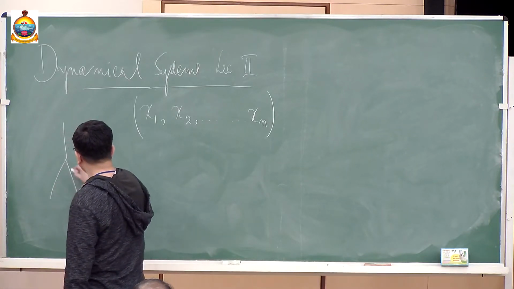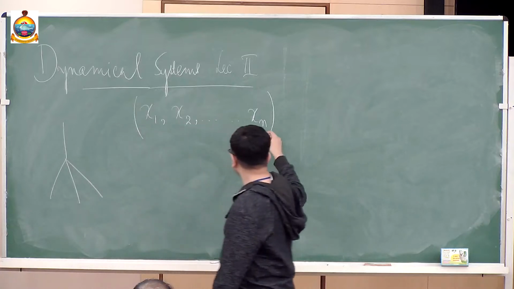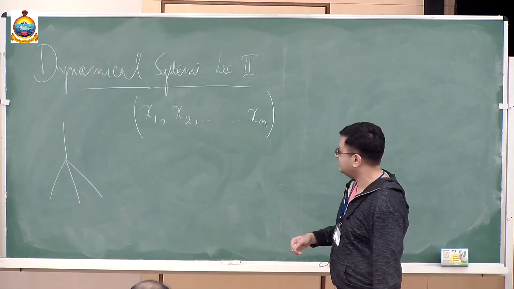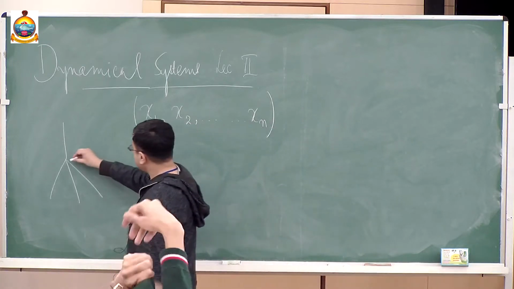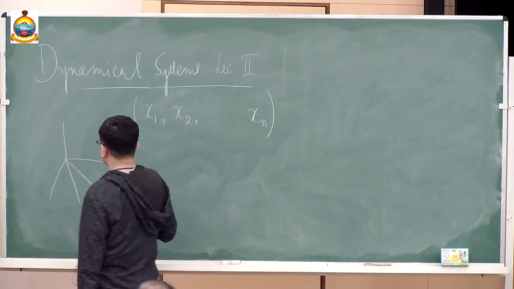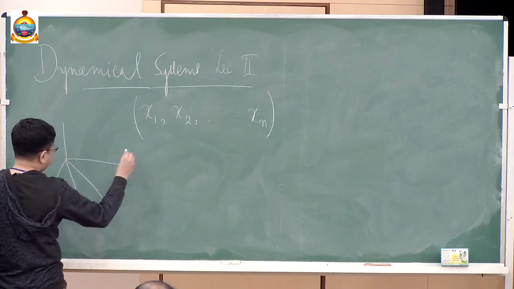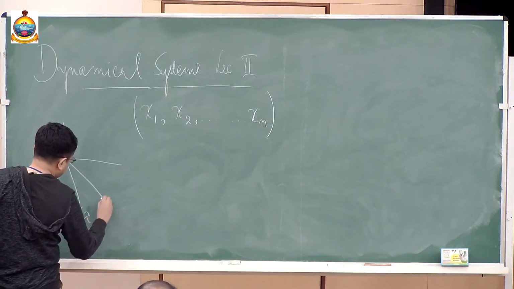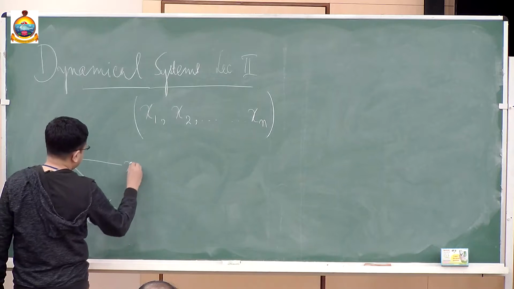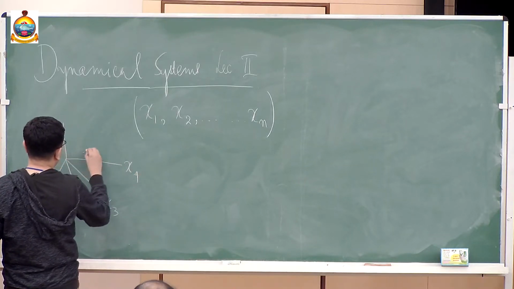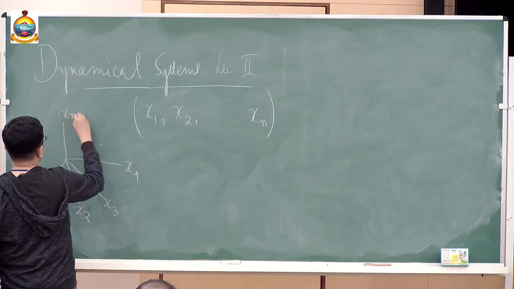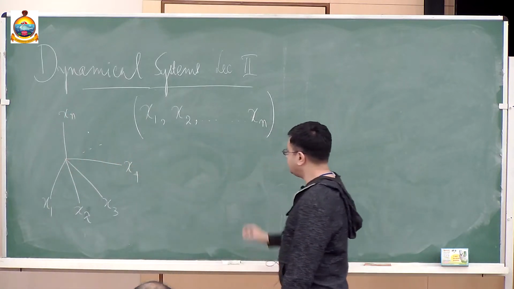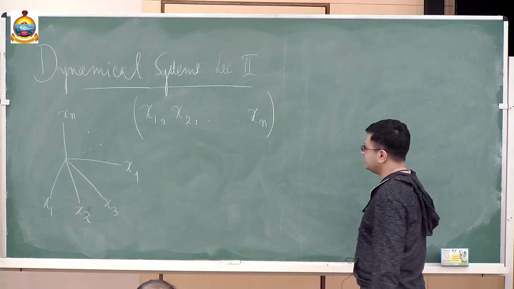So if you remember this, this set completely characterizes the dynamical system, and as we mentioned, we have this n-dimensional phase space whose axes are x1, x2, x3, x4, and so on up to xn, where the state of the system is represented by a single point in that phase space.